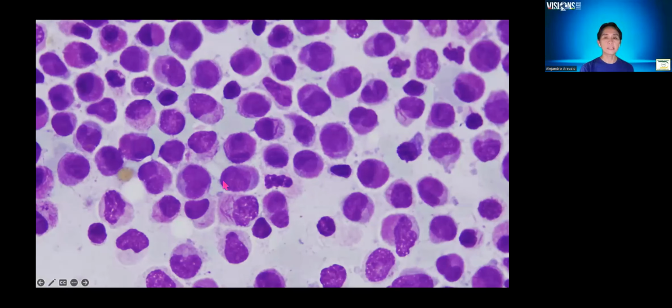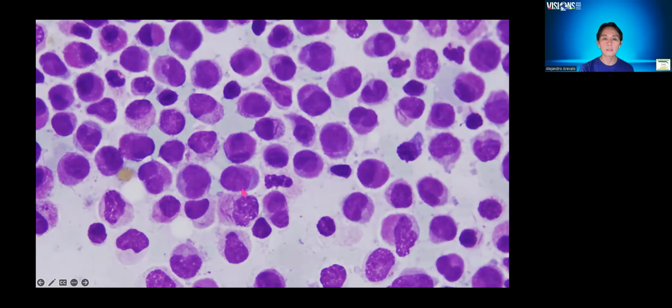Now, this is another example, but this is taken from a bone marrow aspirate smear. As you can see here, the nucleus appears immature because the chromatin is fine, reticulated, and blastic in morphology. The cytoplasm is granulated, almost orangophilic in appearance.